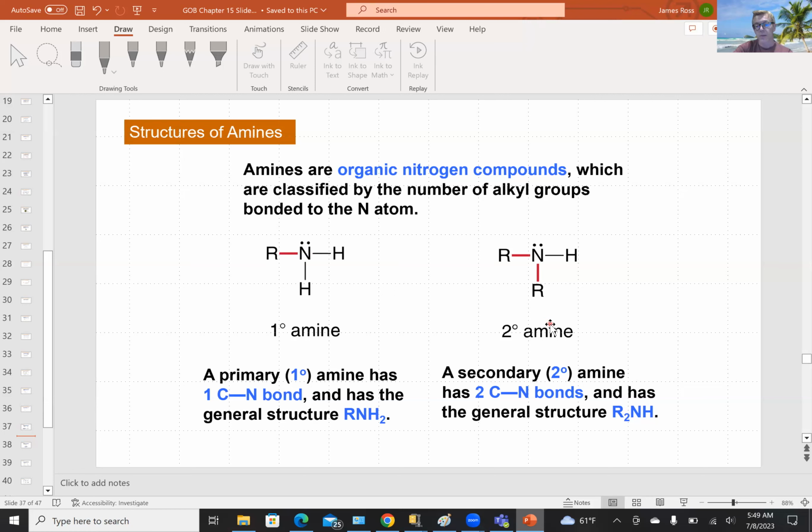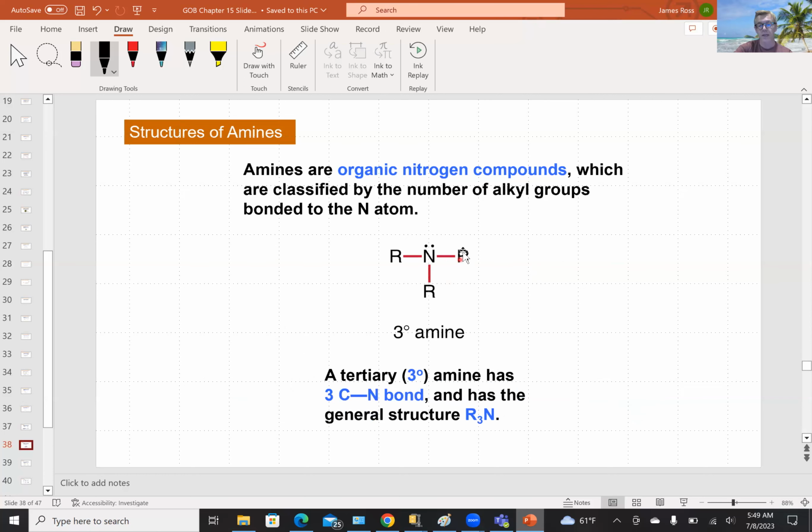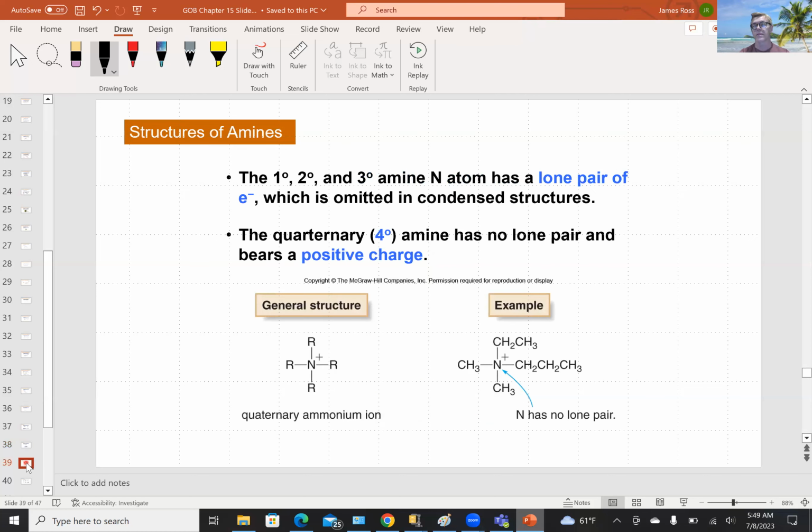You can have secondary amines where the nitrogen has two carbons. You can have tertiary amines where the nitrogen has three carbons. Clearly, primary and secondary amines, because the hydrogens are directly bonded to nitrogen, are capable of hydrogen bonding. Tertiary amines, there is no direct bonding between nitrogen and hydrogen. They are incapable of hydrogen bonding, and that's going to affect their physical properties.